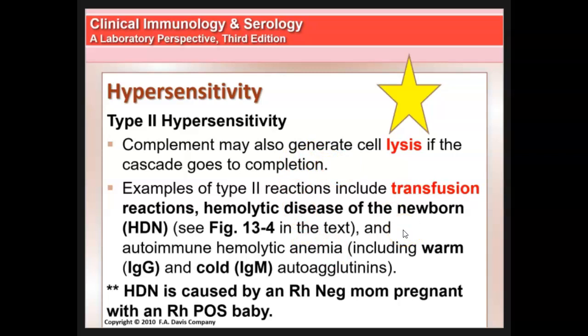Examples of type 2 reactions include transfusion reactions, which also include hemolytic disease of the newborn and autoimmune hemolytic anemia, including warm IgG and cold IgM or autoagglutinins. HDN, or hemolytic disease of the newborn, is caused by an Rh negative mother that is pregnant with an Rh positive baby.